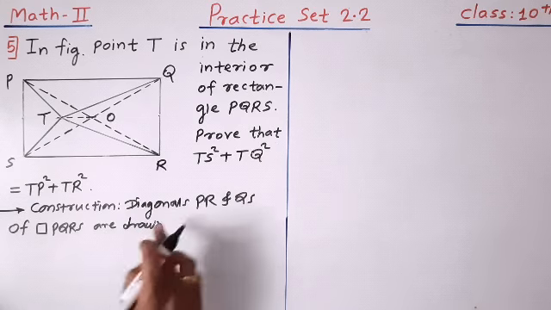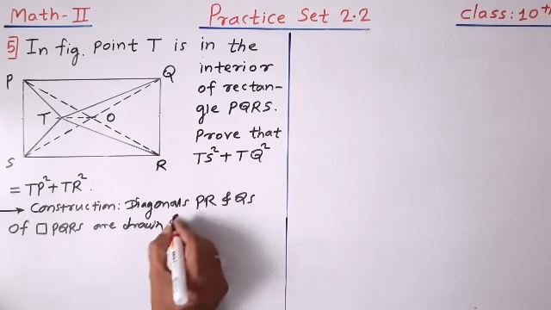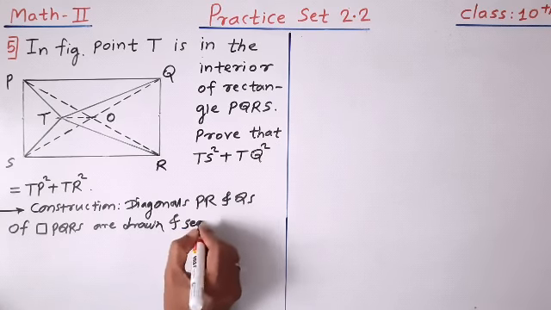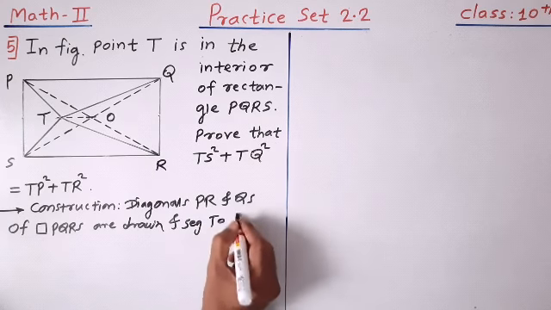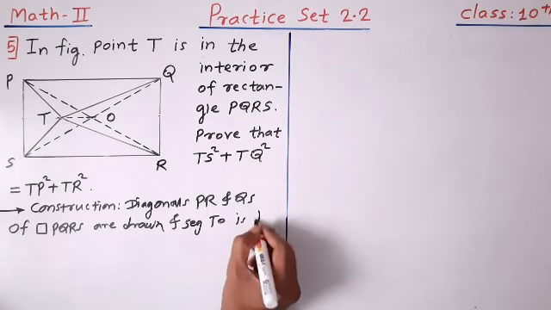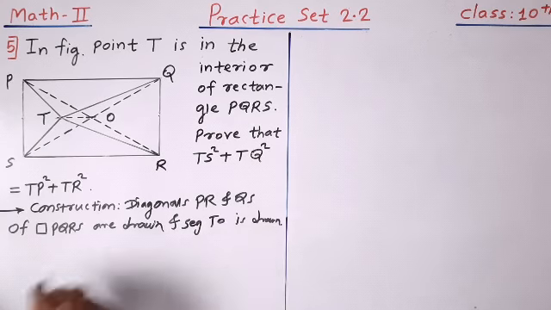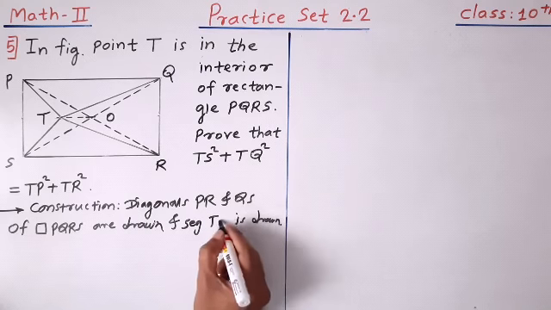Means we have drawn the diagonals, and seg TO is also drawn. So this is the construction part that you have to write first.